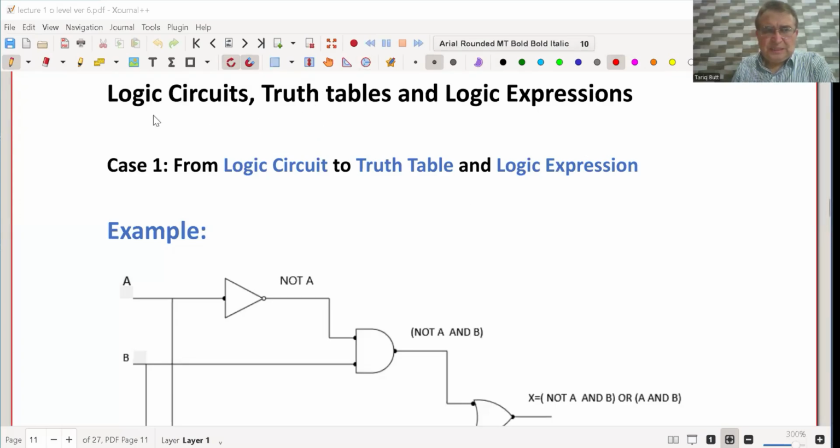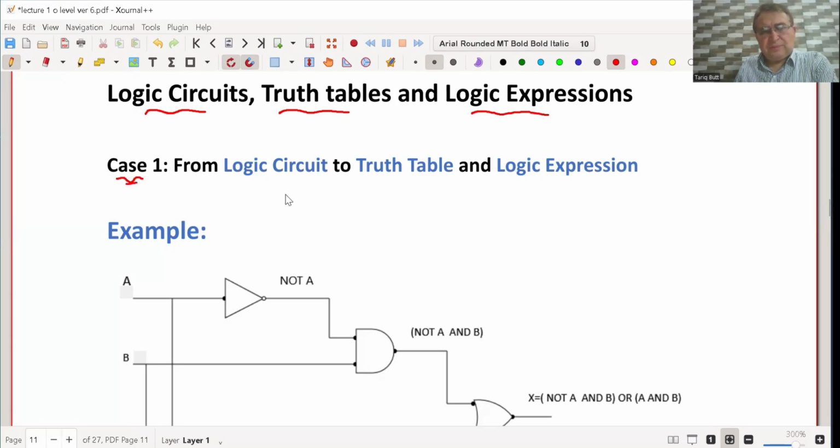Next, we will see logic circuits, their truth tables, and corresponding logic expressions. And as we had seen earlier, these are three related concepts and may be asked in different scenarios. So let's talk about these different scenarios.